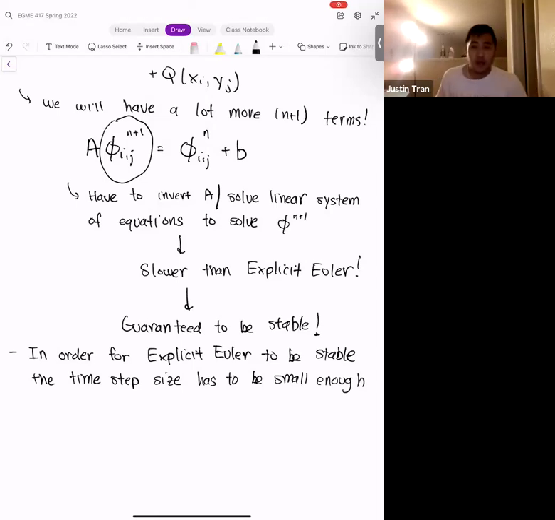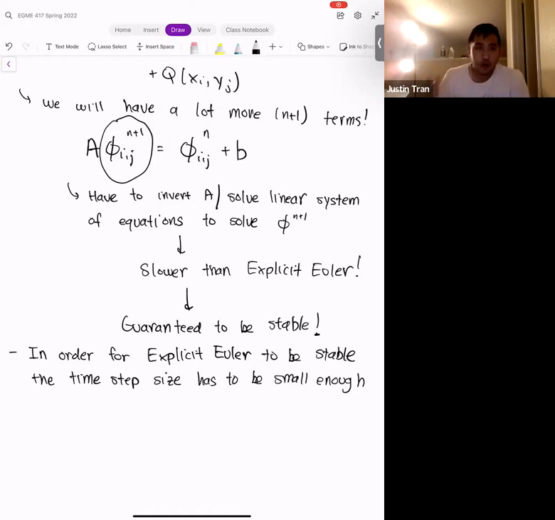Generally speaking, you're going to want to have a smaller time step size in general, but that's because of accuracy considerations, right? So it's not only stability that depends on the time step size, but also the accuracy, right? And so if you want to have a higher accuracy, you can have a lower time step size.